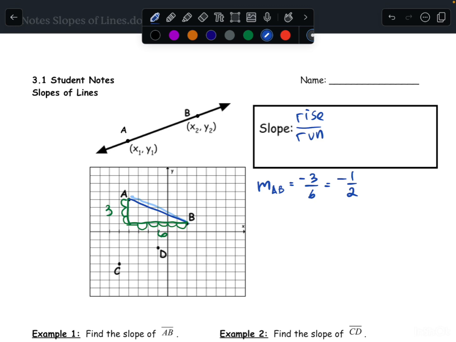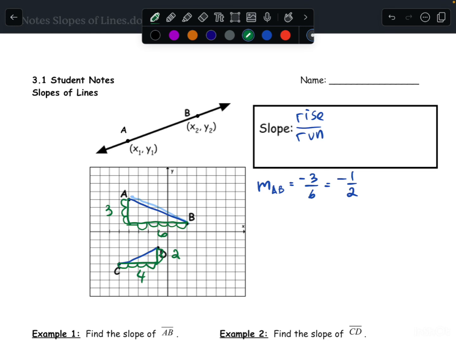Now let's look at C to D. Let's connect C to D and find the slope. So let's draw our triangle. Again, I stay on the grid lines, and my rise is 2, and my run is 1, 2, 3, 4. So 4.